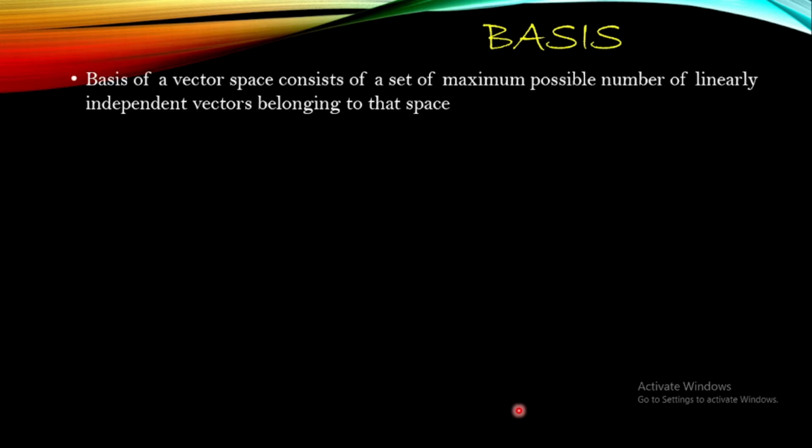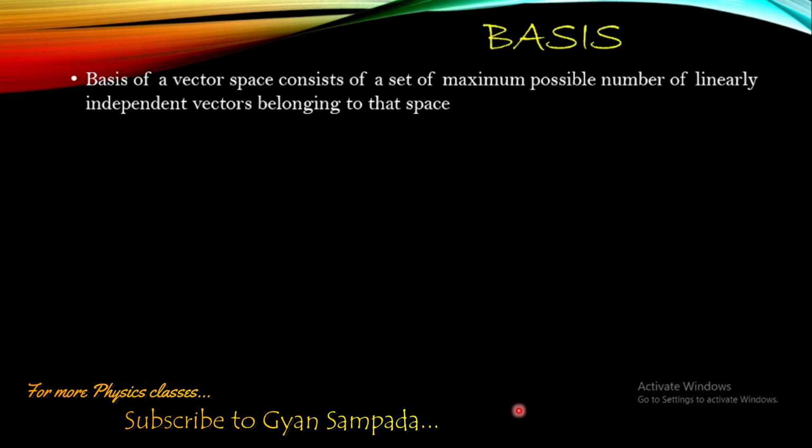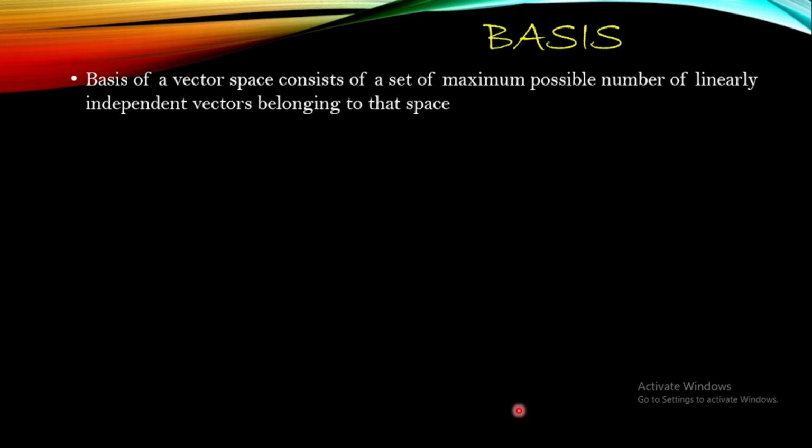We say that the basis of a vector space consists of a set of maximum possible number of linearly independent vectors which belong to that space. So it is something like a universal set where we will be having different components.